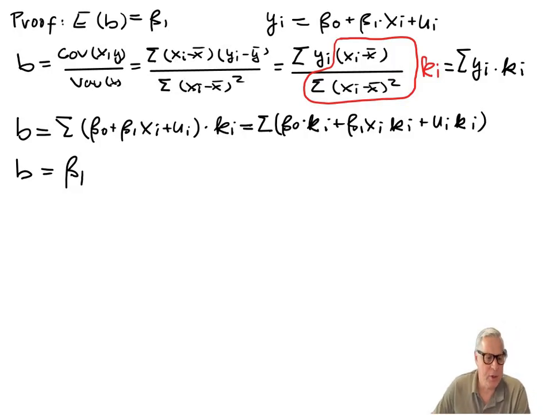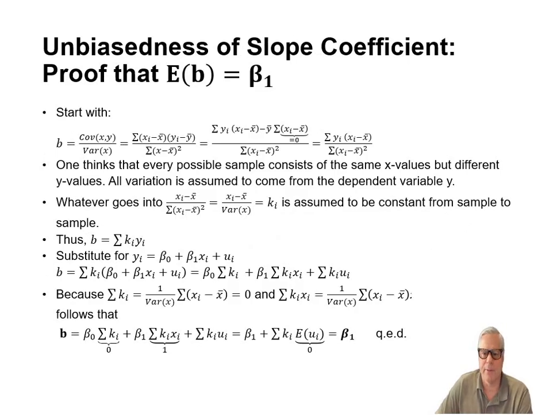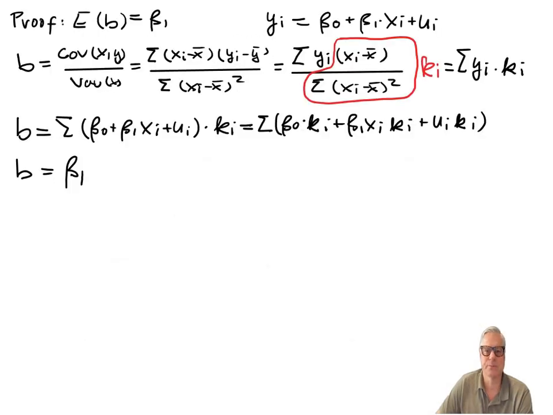And this is what I also have basically here. And so now we have shown that the expected value of the sample slope is indeed equal to the population slope. All right, so okay, we are done with this one.